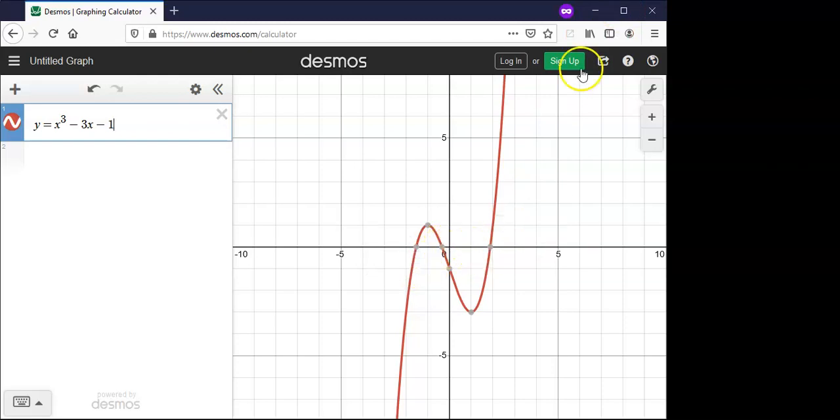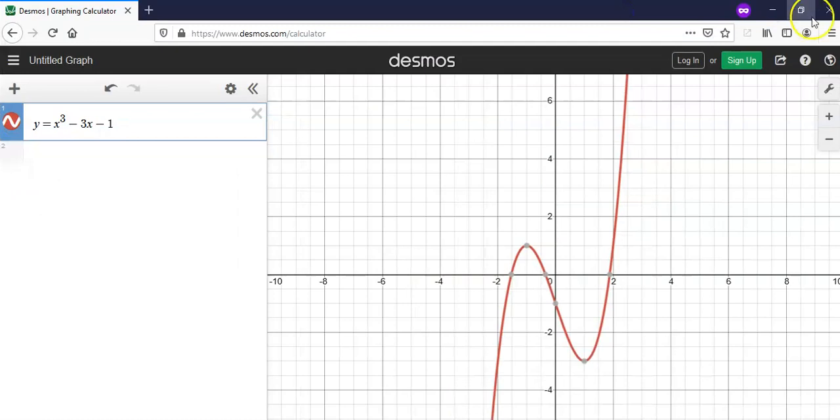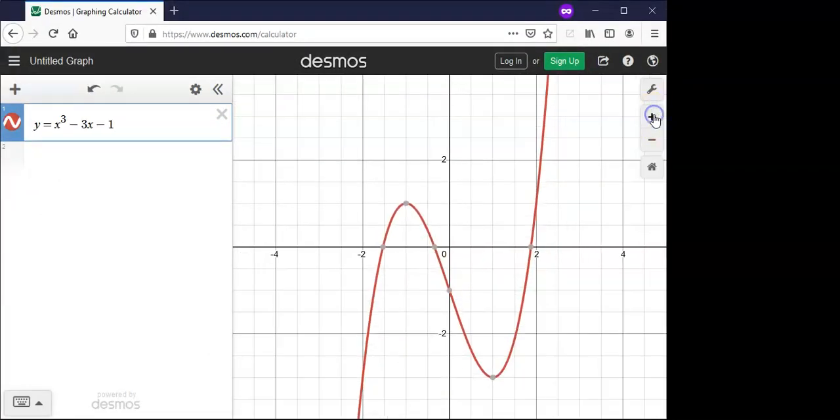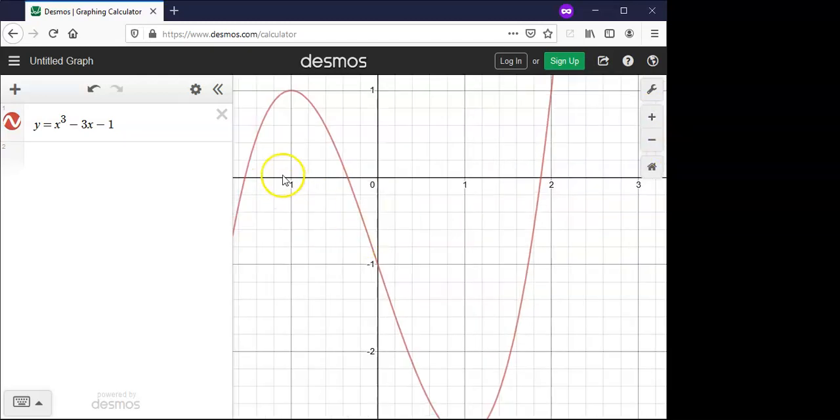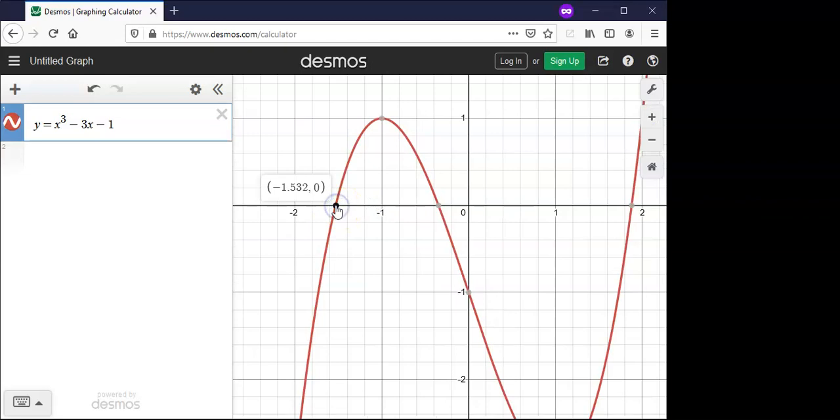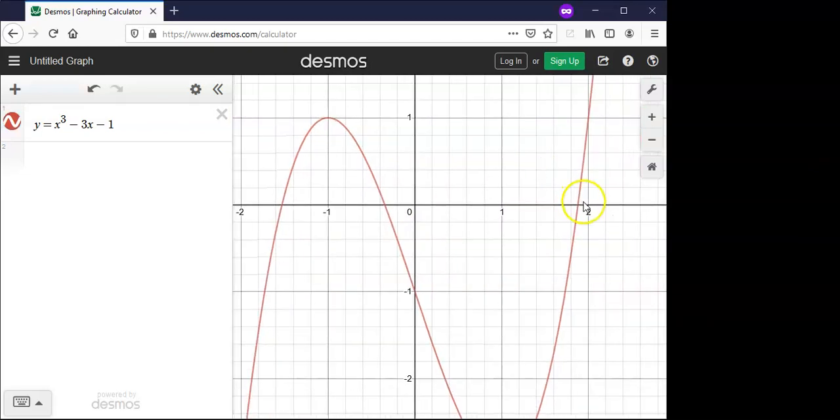As a matter of fact, Desmos Graphing Calculator is so good that it suggests those points. Yes. Negative 1.532, negative 0.347, and then this one, 1.879. If I go close and click, then I can see these points.